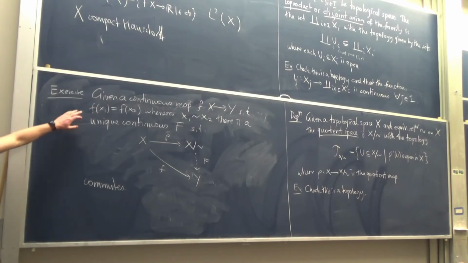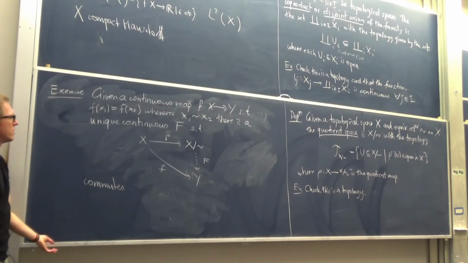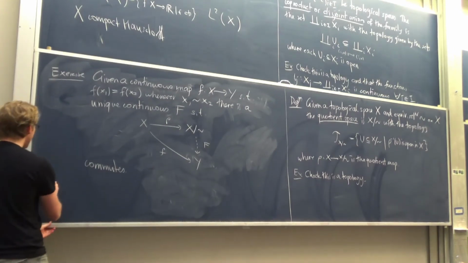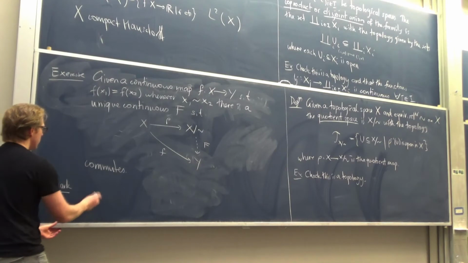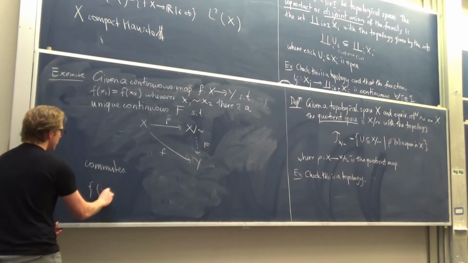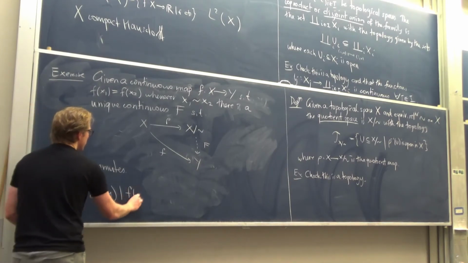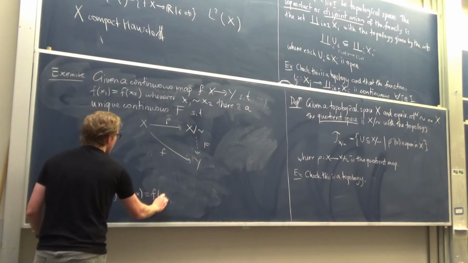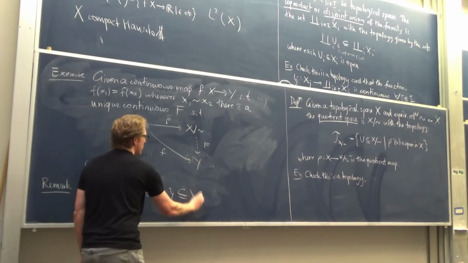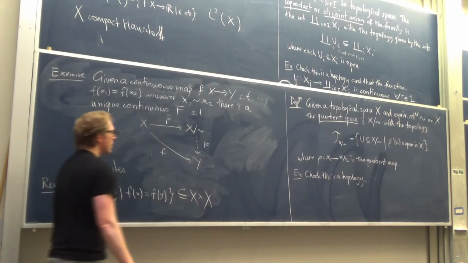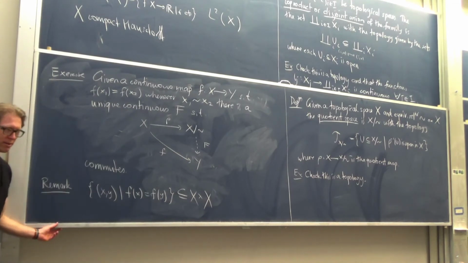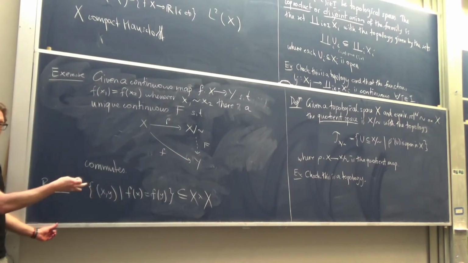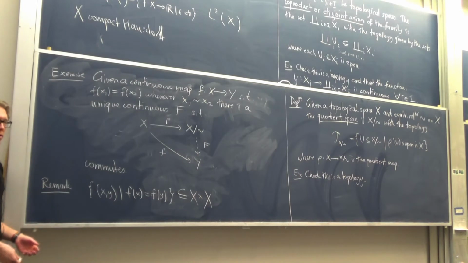So notice that the set of all pairs such that f(x) equals f(y), this will come up in a minute. So you all should have thought about the equivalence relation generated by a set of pairs at some point, right?